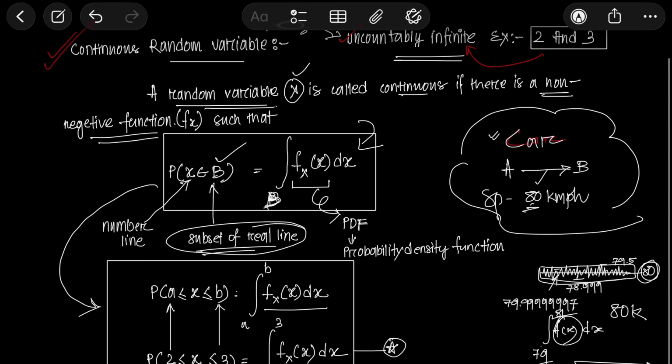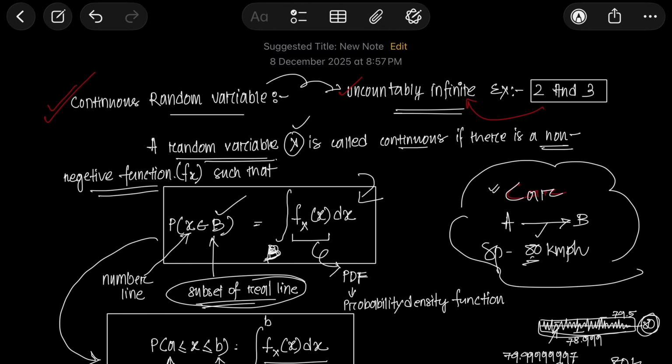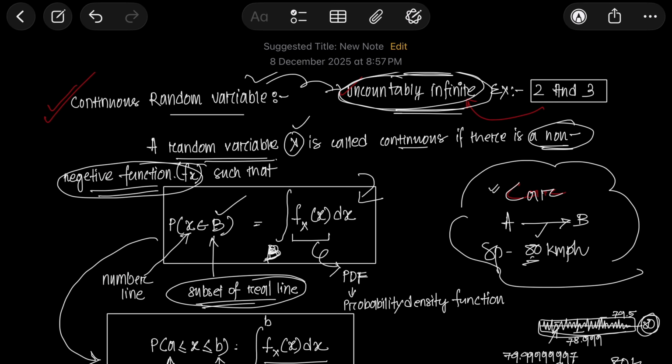So in this video we have discussed what a continuous random variable is, that it is an uncountably infinite thing, and the definition of a continuous random variable: if a function is non-negative then we move forward to calculate the continuous random variable.